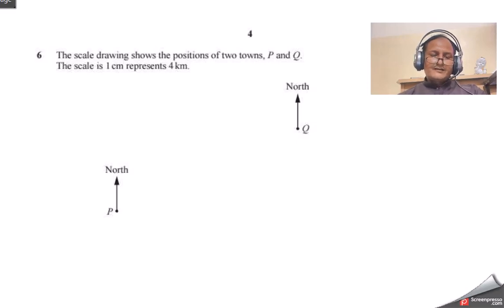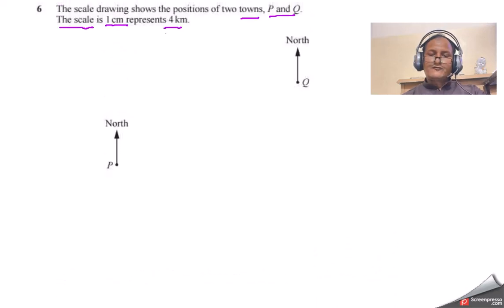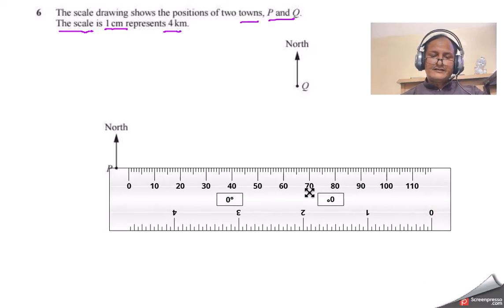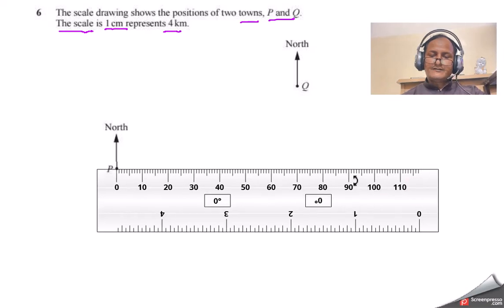Here in the scale drawing, the drawing shows the position of the 2 towns P and Q. The scale is 1 centimeter to represent 4 kilometers. We're supposed to find the actual distance between P and Q. To find it, we measure with the scale and multiply.